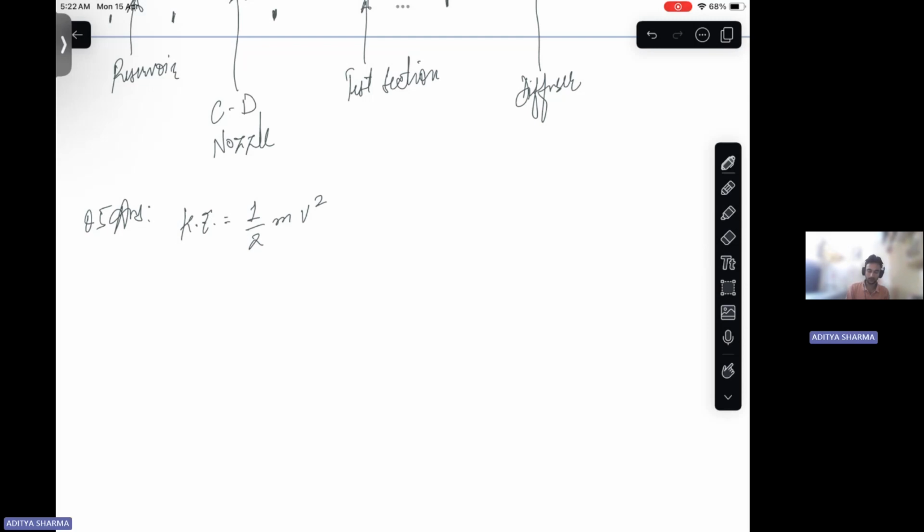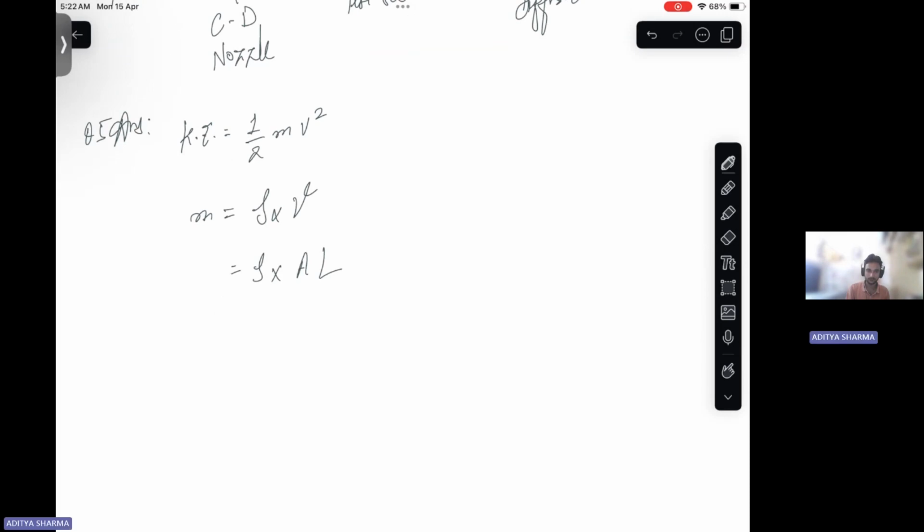So we know that mass is equal to density into volume, and volume can be written as area into length, where A is the area of the slug and L is the length of the slug. So kinetic energy becomes half of rho A L V square.